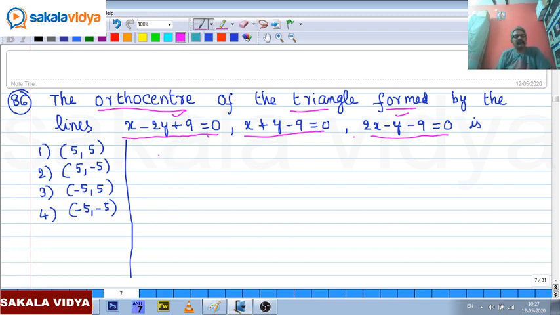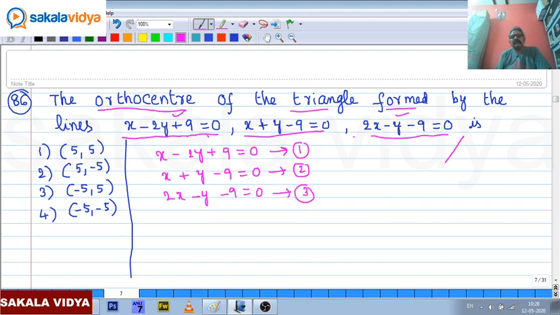Say first equation, x minus 2y plus 9 is equal to 0. Say equation 1. Second equation, x plus y minus 9 is equal to 0. Third equation, 2x minus y minus 9 equals to 0.